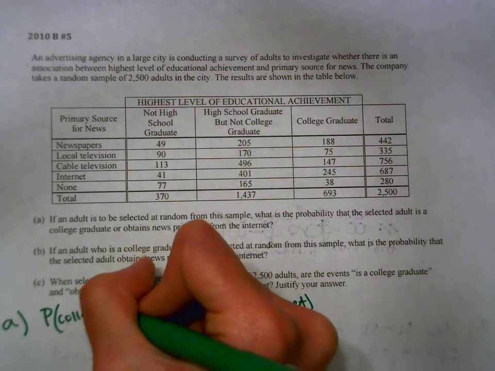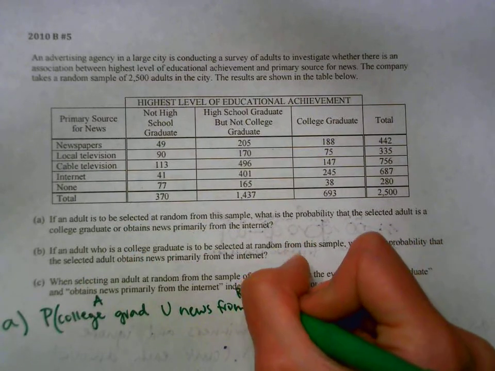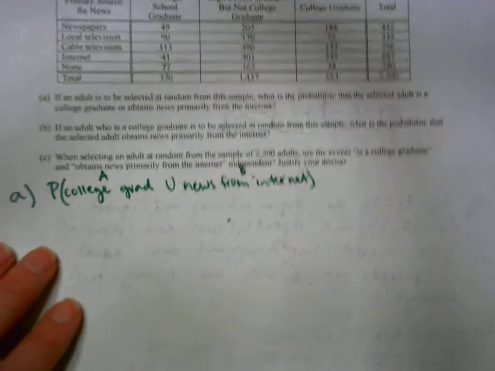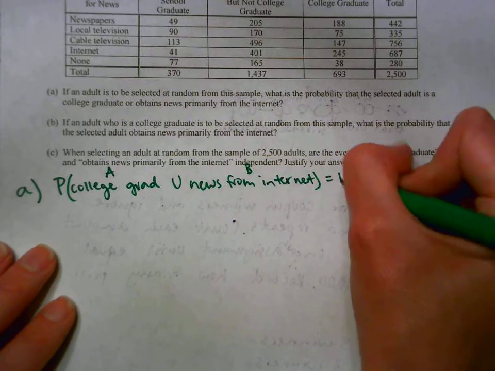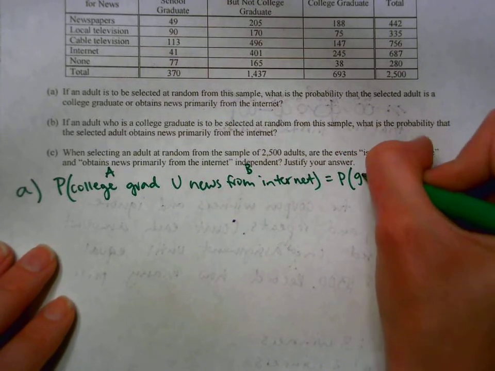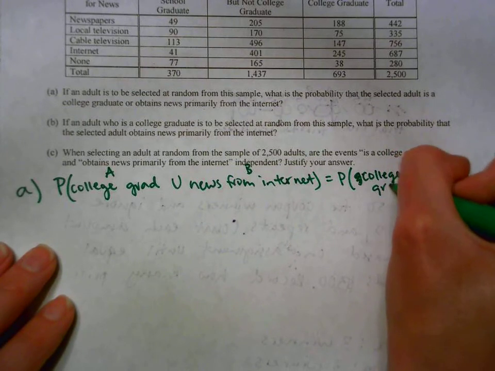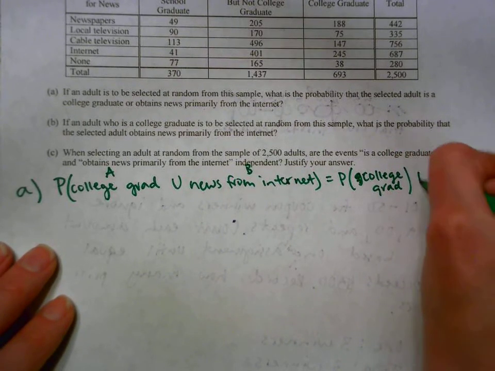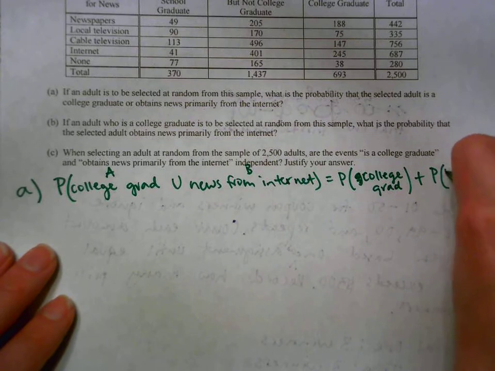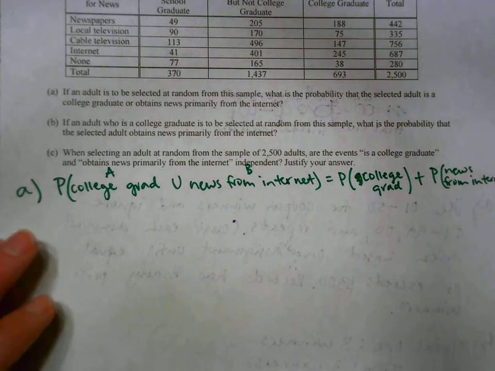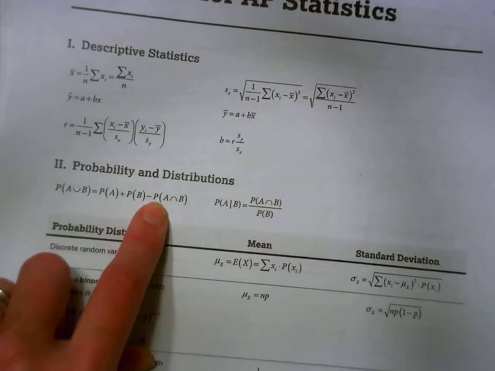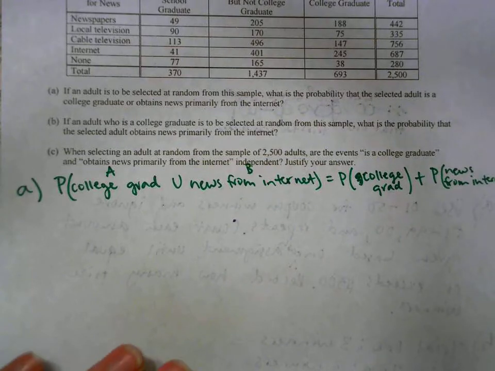So this college grad is like your A, news from the internet is like your B. So we would set up our formulas. So that would be the probability of being a college grad plus the probability of getting your news from the internet. But then, you can't forget this last part, subtract the intersection.